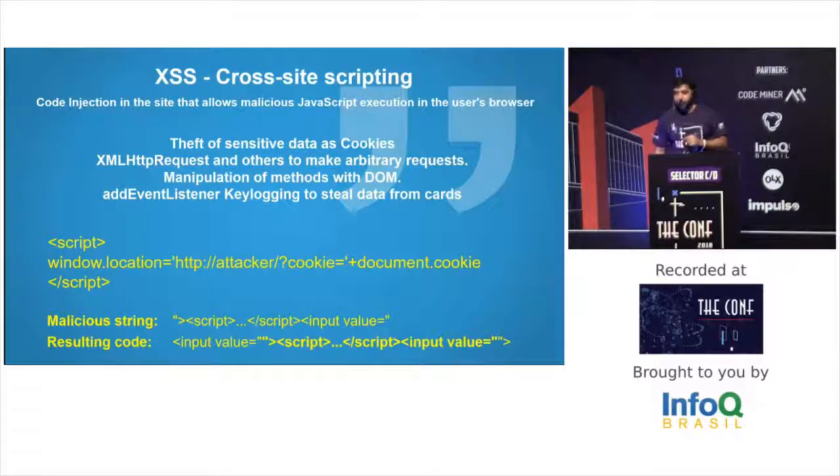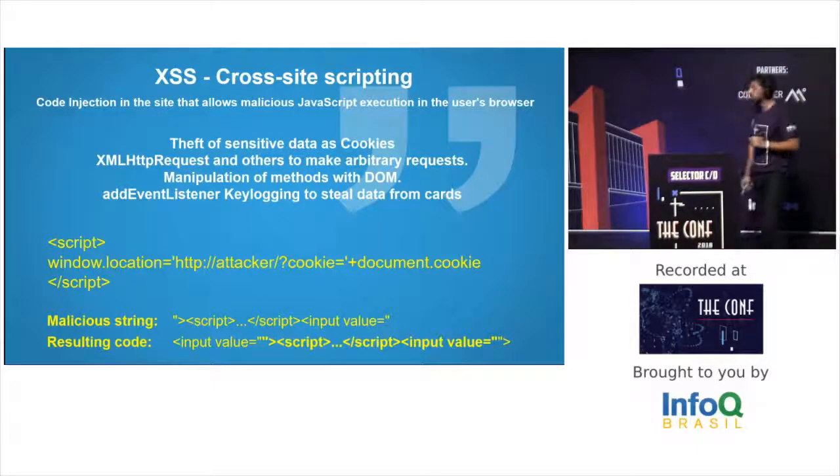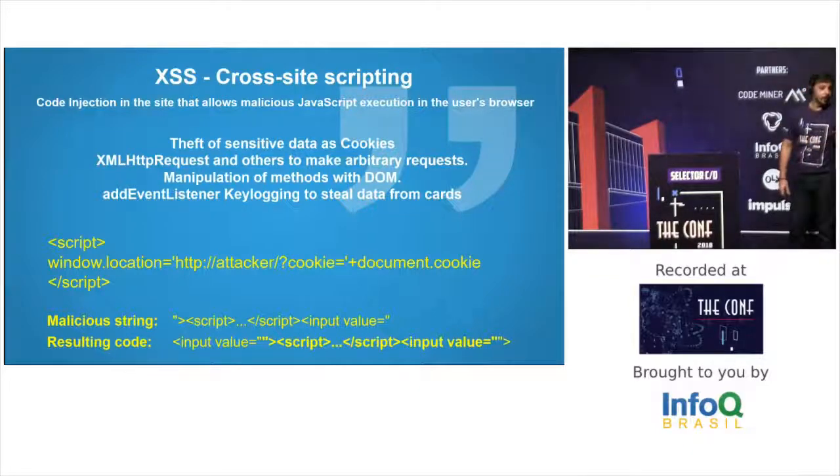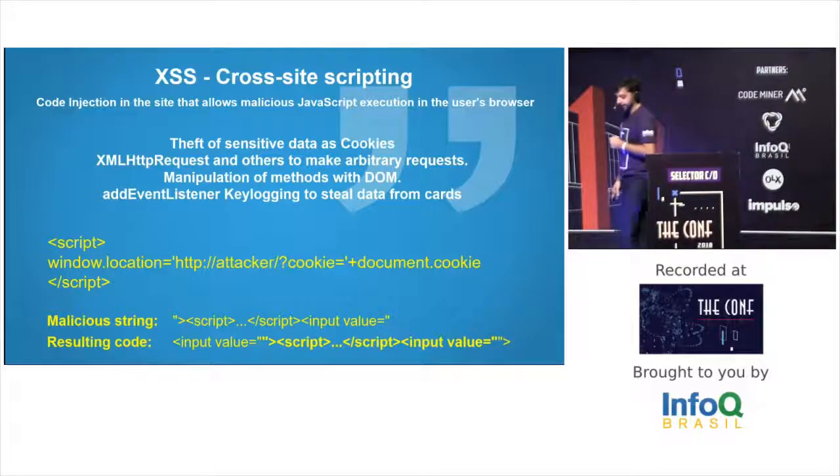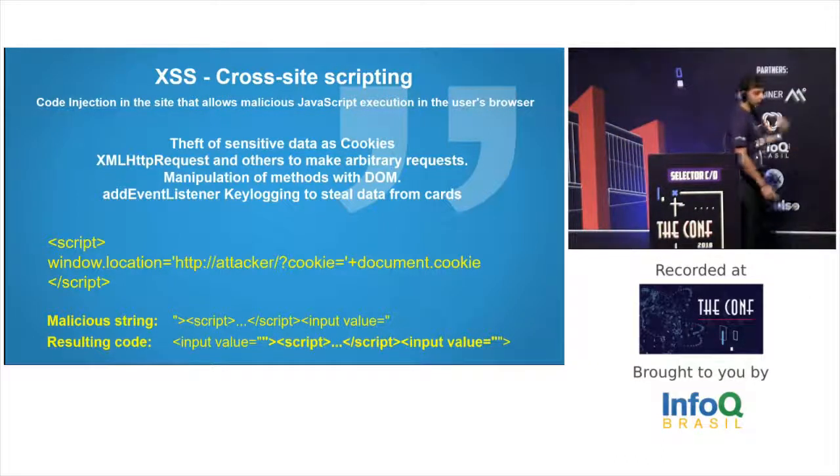Another way is to attack a web app. Look, XSS, for example, is a common attack. In the yellow part, we have some examples of types of redirections, or sending sensitive information to the server, manipulation of information.